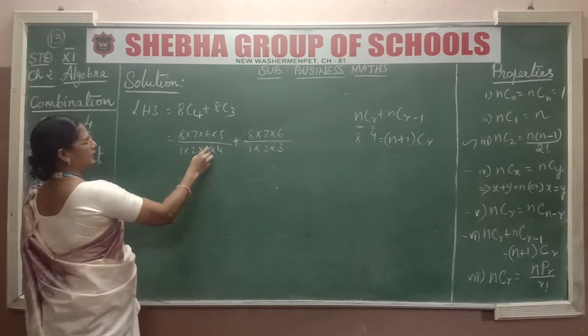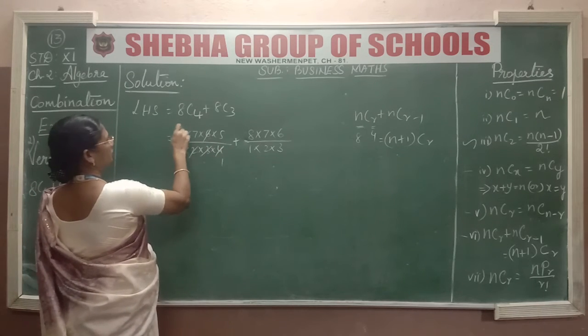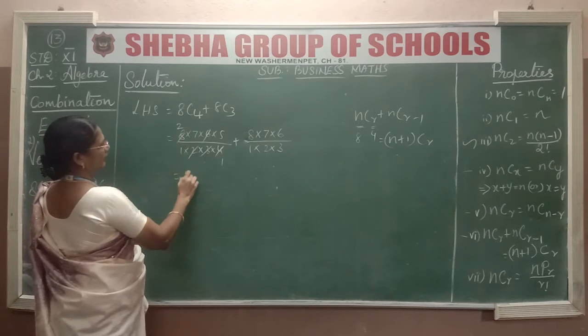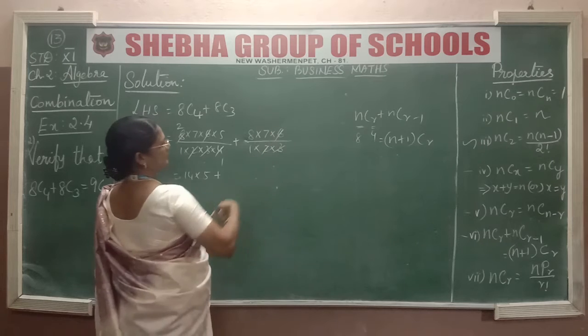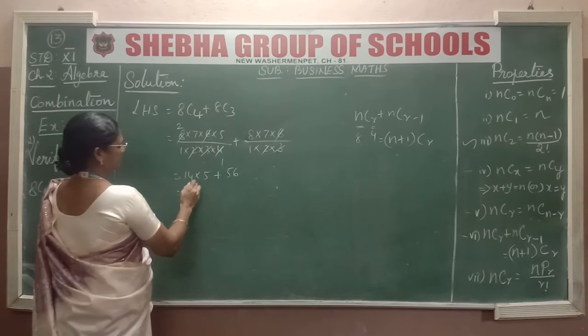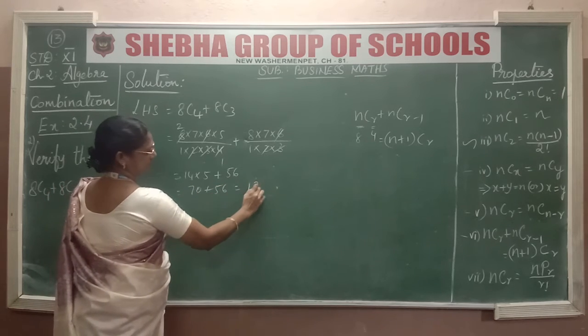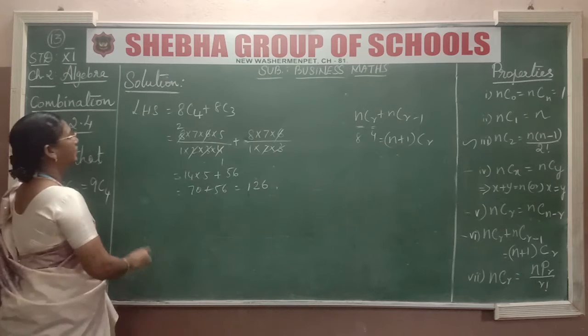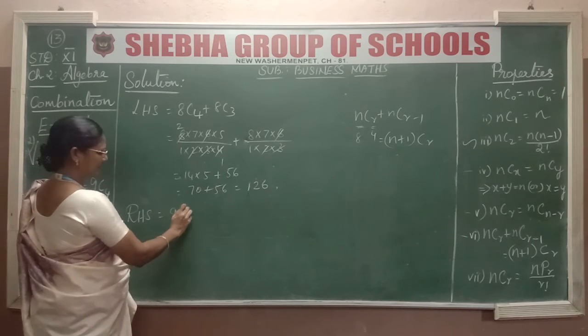Now cancelling, 3 twos are 6, so I get 14 into 5 plus, cancelling, 8 sevens are 56. This is equal to 70 plus 56, we get 126. And take the RHS. Our RHS is 9C4.